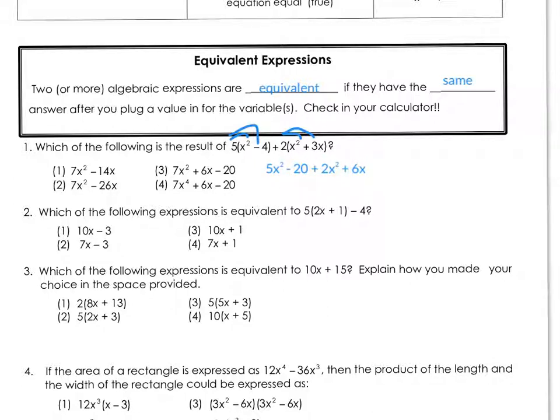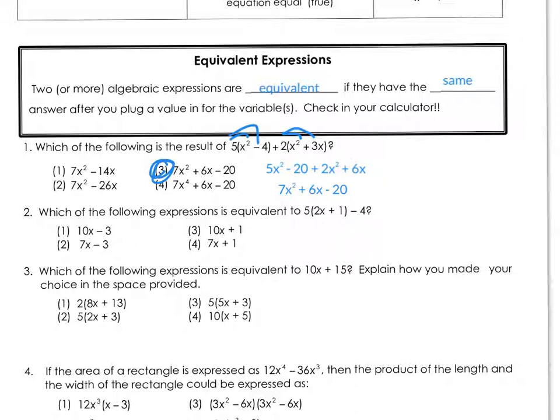Then we would combine our like terms to get 7x squared plus 6x minus 20. And I could see that that is one of my answer choices. So I'm going to say my choice is number 3. But I could check this in my calculator by plugging my original in y1, my answer choices in y2, and see which one matches in the table.